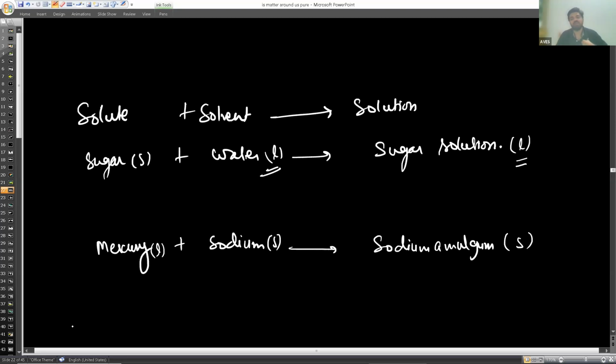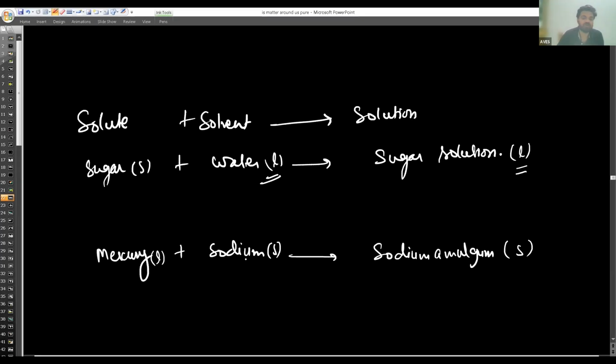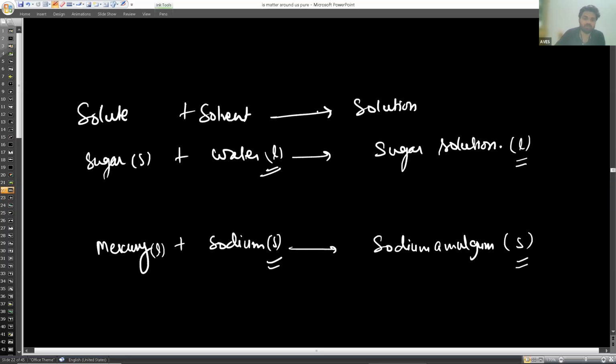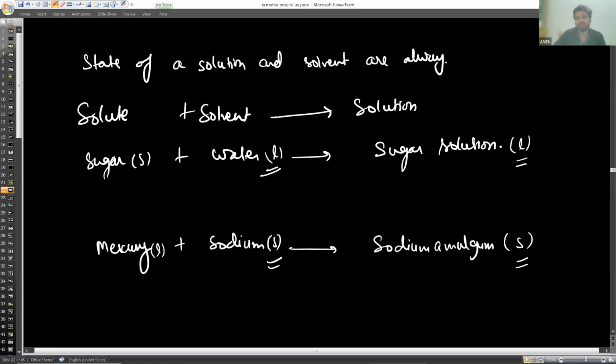I told you the state of a solvent and solution is always the same. Note it down: the state of a solution and solvent always remains the same. Got it?